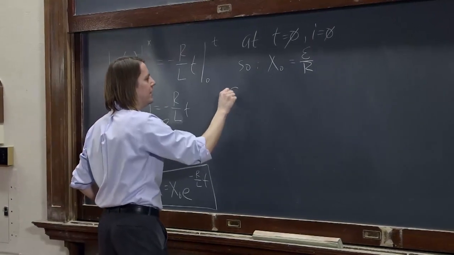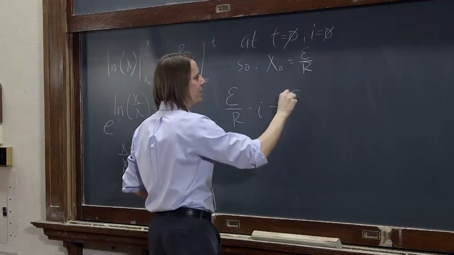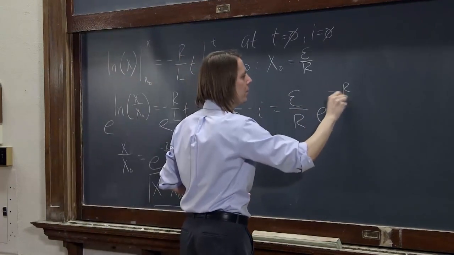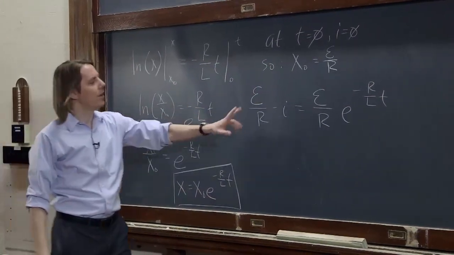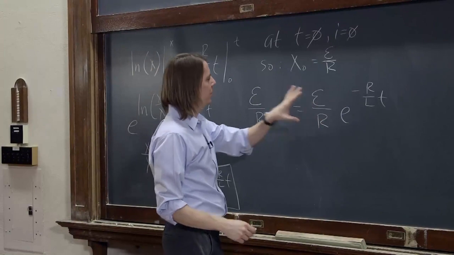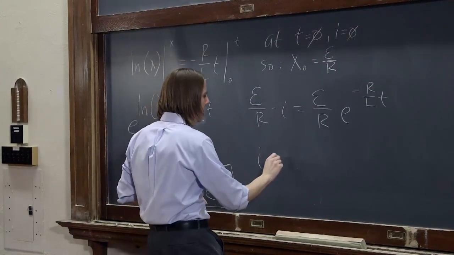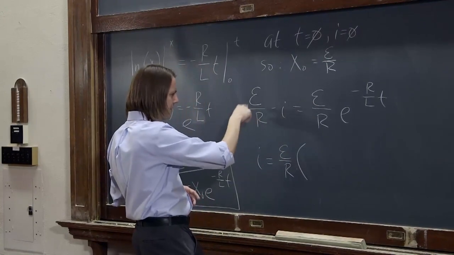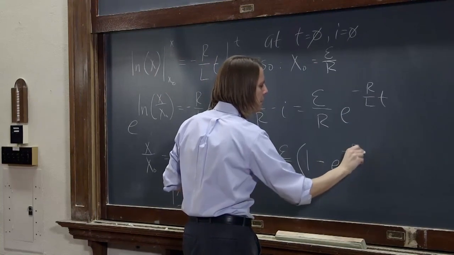So x is the EMF over R minus I equals x naught is the EMF over R e to the minus R over L t. And then you solve for I. You bring I over here, you bring this over here, you divide through by the EMF over R, and you get that I equals the EMF over R times 1 minus e to the minus R over L t.